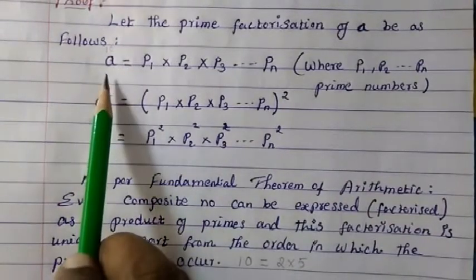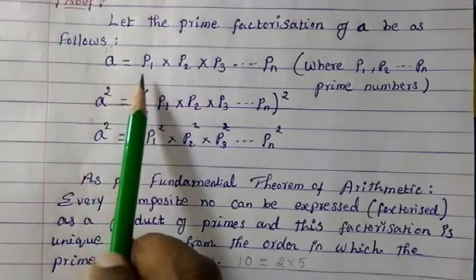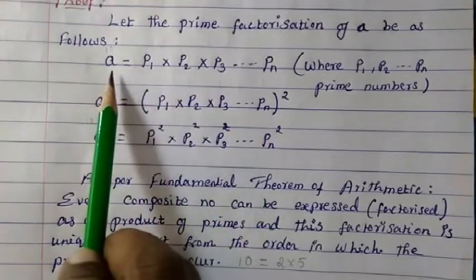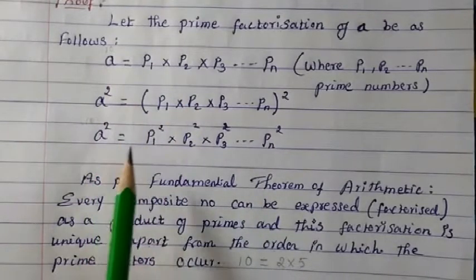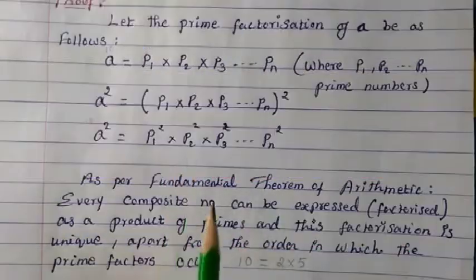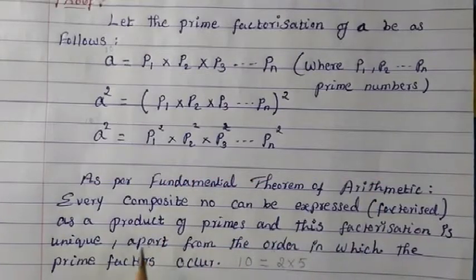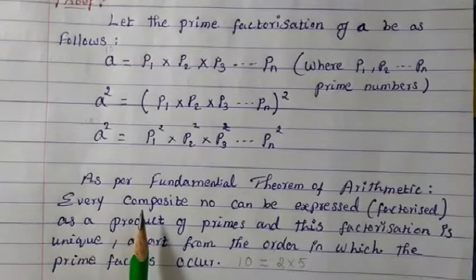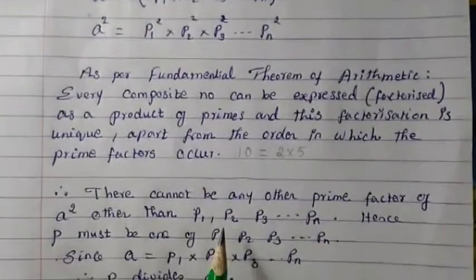We said if A is some composite number, then P1, P2, P3 will be the factors of A. And if we square both sides, then A square will be equal to the square of their factors. According to the fundamental theorem of arithmetic, the factors remain the same, but the order can change. So therefore, what can we say?